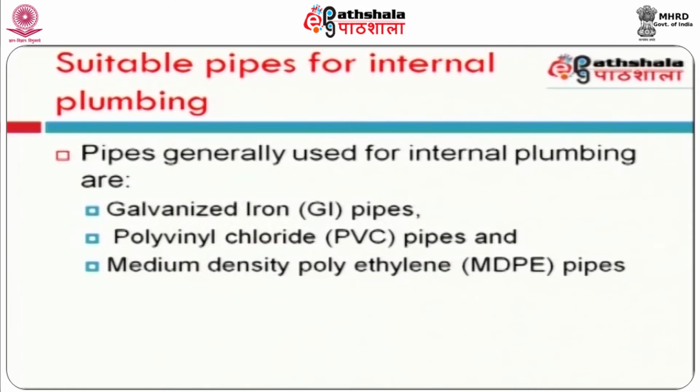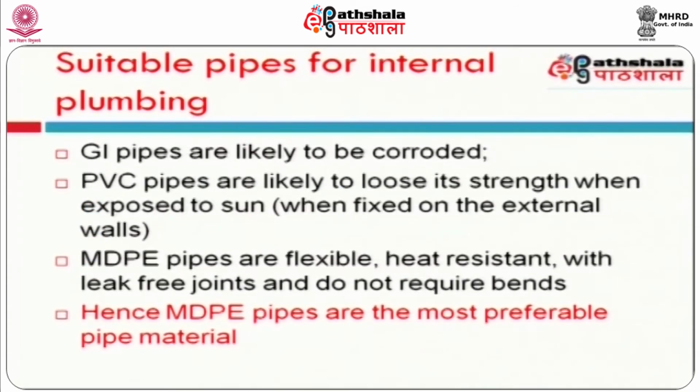For the internal distribution plumbing system, we can have three different types of pipes: galvanized iron pipes, PVC pipes, and medium density polyethylene pipes. The galvanized iron pipes are liable to corrosion, and PVC pipes cannot be provided on the exterior surface.